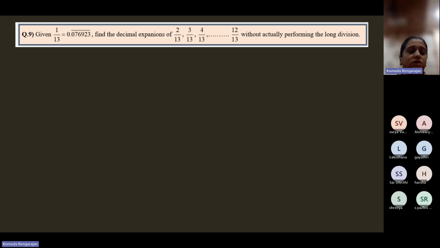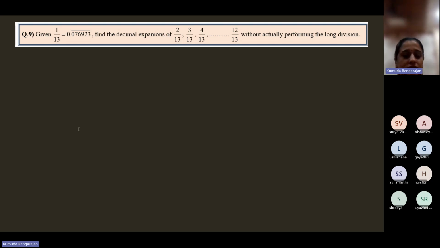Look at this question. Don't write, okay? We'll just listen. Given 1 by 13 is equal to 0.076923 recurring, find the decimal expansions of 2 by 13, 3 by 13, 4 by 13, and so on, up to 12 by 13, because 13 by 13 is 1, without actually performing the long division.